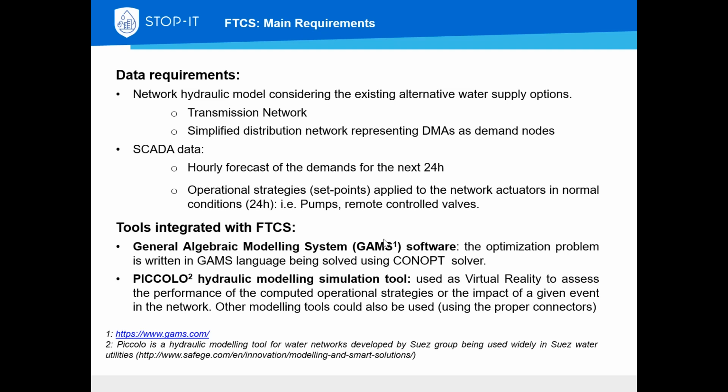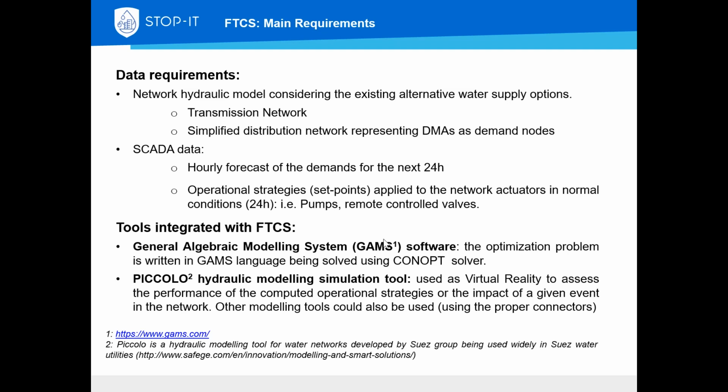This is, DMAs are represented as demand nodes. Also, from the SCADA, hourly forecasts of the demand for the next 24 hours are needed. And also, the operational strategies applied to the network actuators in normal conditions are also needed. This is for pumps and remote control valves.